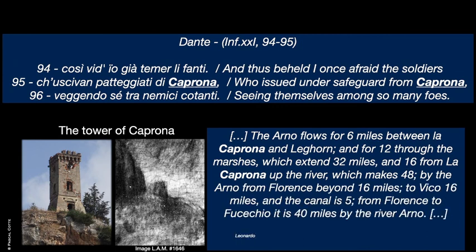Leonardo used this tower as a geographical landmark, as he testified in his note. He names Caprona twice. The tower, which is precisely within a loop of the Arno, could therefore be the one we found in the Mona Lisa landscape.